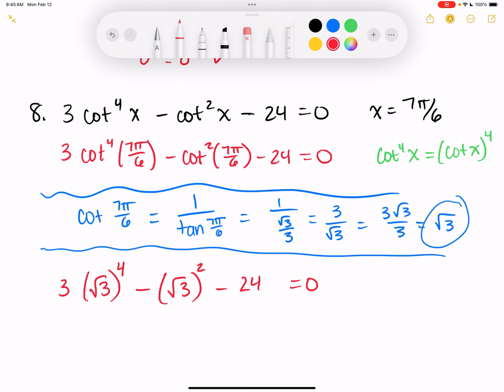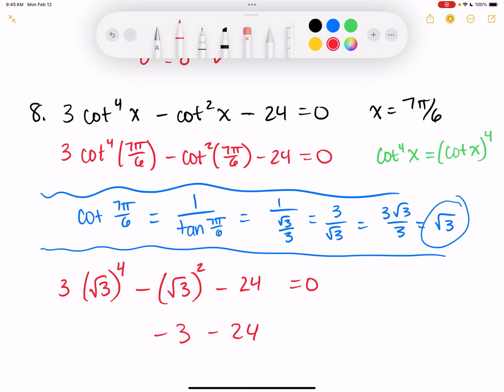So what is the square root of 3 raised to the fourth? We do not need a calculator for this. What's square root of 3 squared? Let's start with that. 3. Okay, so this is going to be minus 3 minus 24.